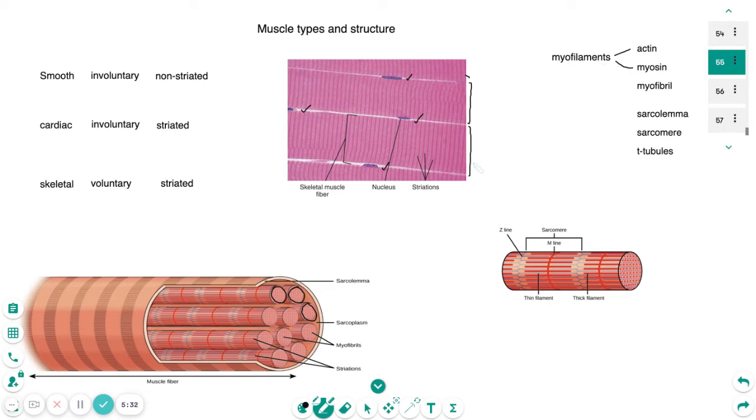And these myofibrils, like I said, they're really long, but they're actually the same structure repeating itself over and over again. So if you look from this blue line here to this blue line here, this is representing one very small section to a myofibril, and we call it a sarcomere.